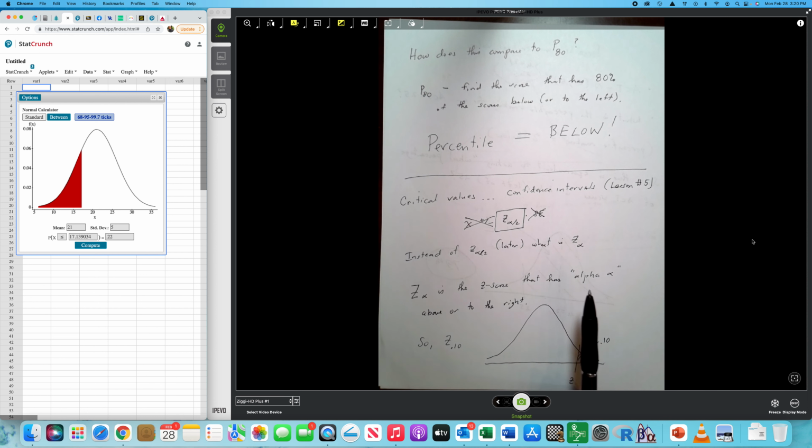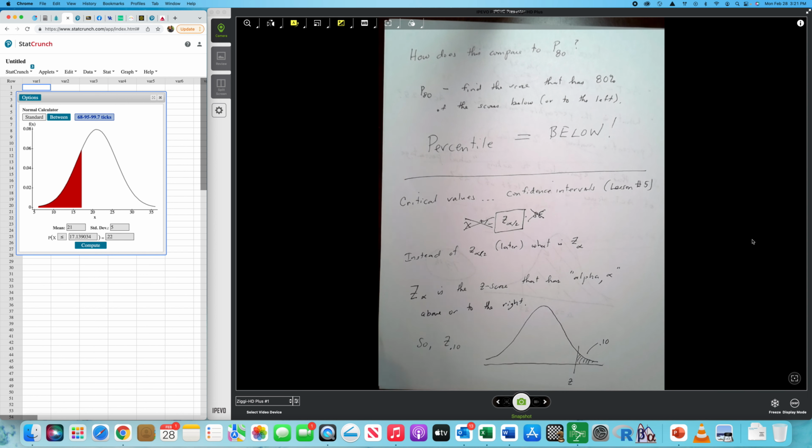It's the score that has alpha area to the right, and this little symbol right here is the alpha as well. So z of 0.10 is the z-score that has 10% of the area to the right. Now, can we find that using a normal calculator? Absolutely we can. We know that the mean and the standard deviation of z-scores is 0 and 1.